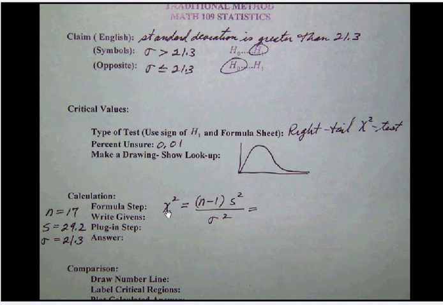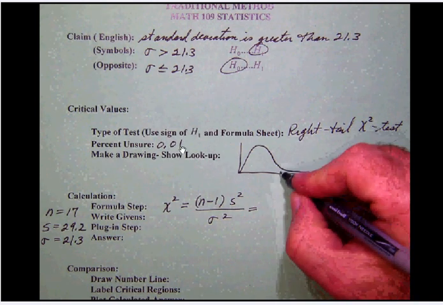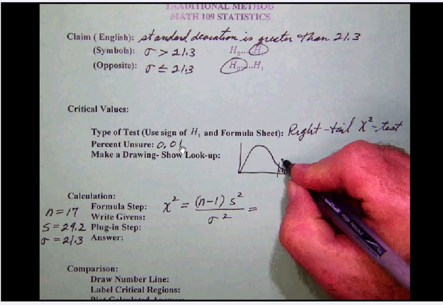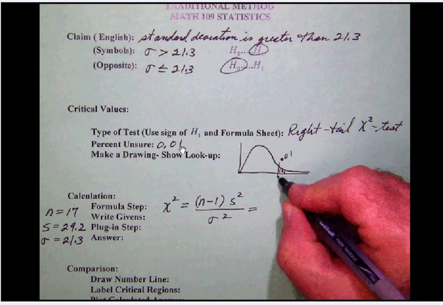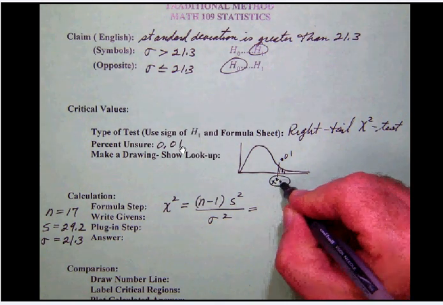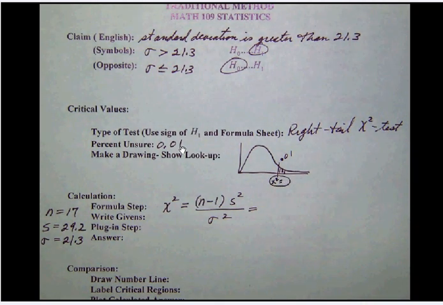When you go to the formula sheet, you'll see that's a chi-square. So the test is right tail chi-square with a significance level of 0.01. All of that 0.01 is going to be crowded over here into the right-hand side, so all of this area is over here. What we want is this chi-square value right here. Since it's on the right-hand side, we like that, and so does the ALEKS calculator.